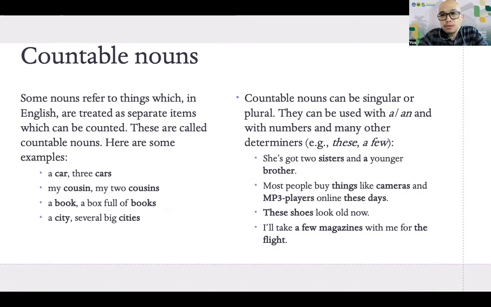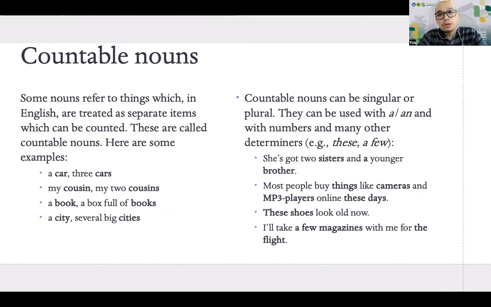These are called countable nouns. The examples are like car, a car, three cars; my cousin, my two cousins; a book, a box full of books; a city, several big cities.